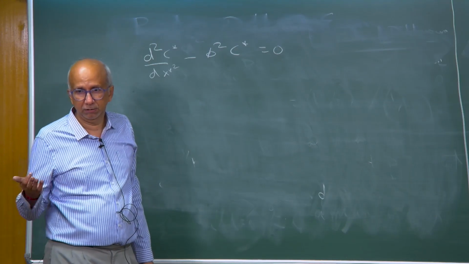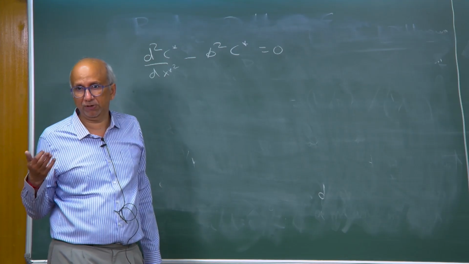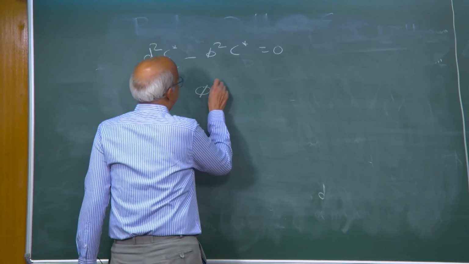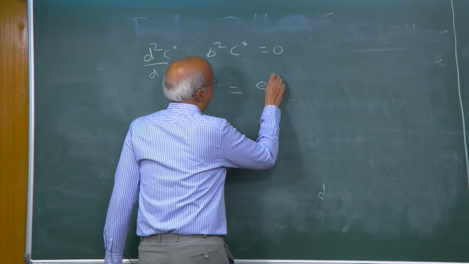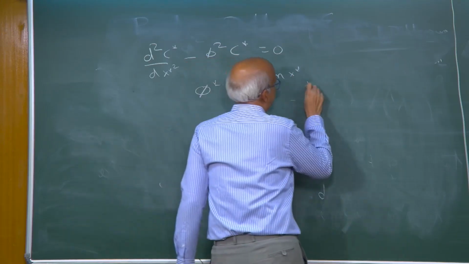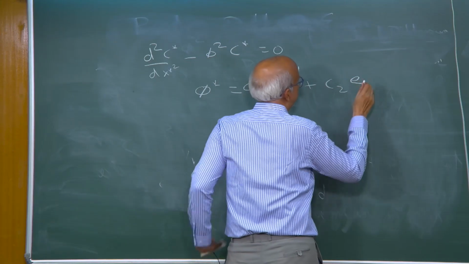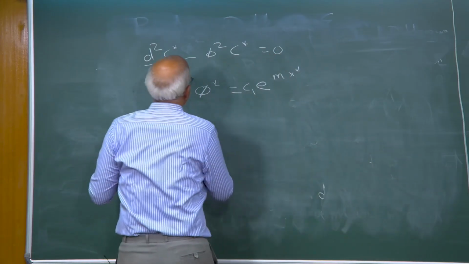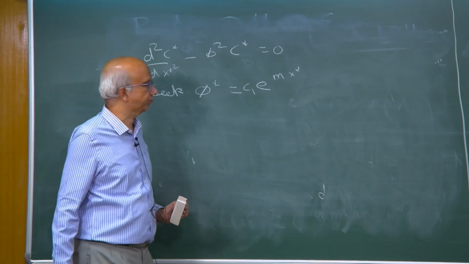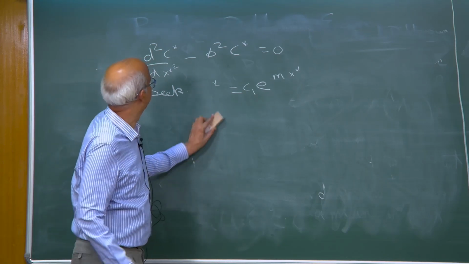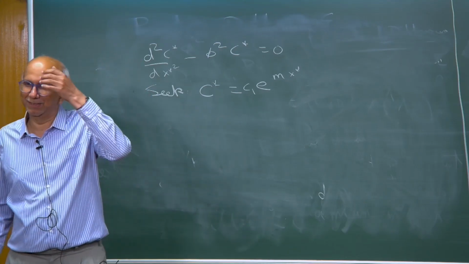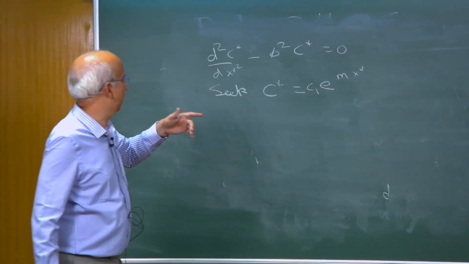Being linear, you look for solutions of the form e power mx. So c star is going to be of the form c1 e power mx star plus c2 e power minus mx star.